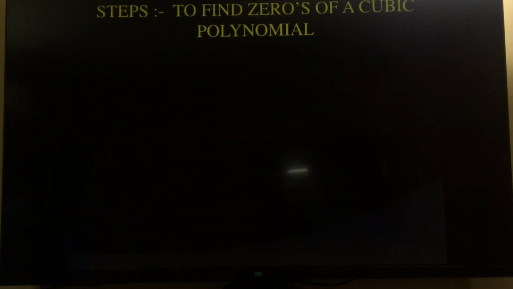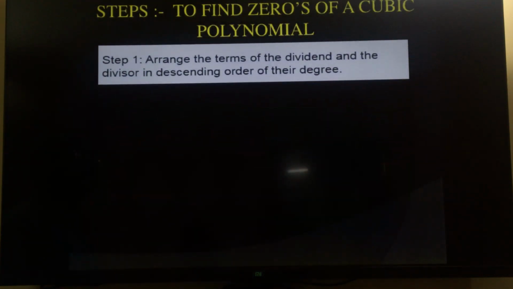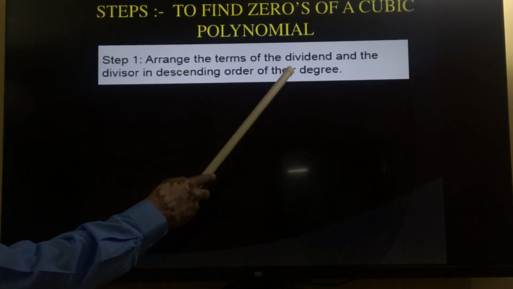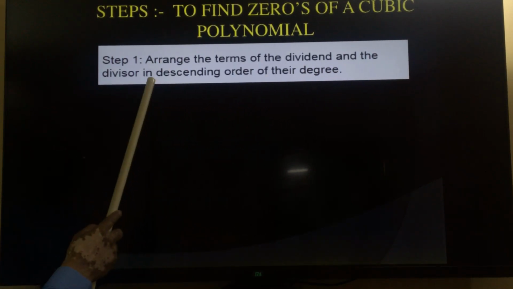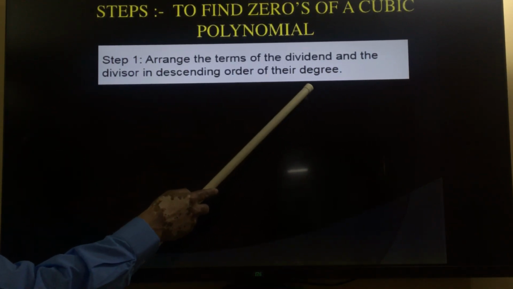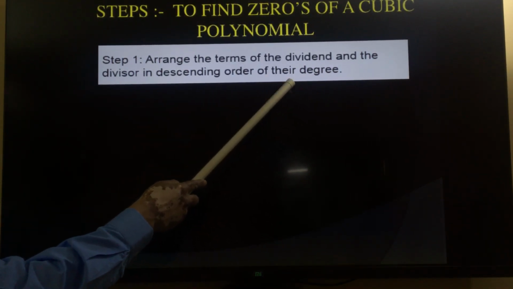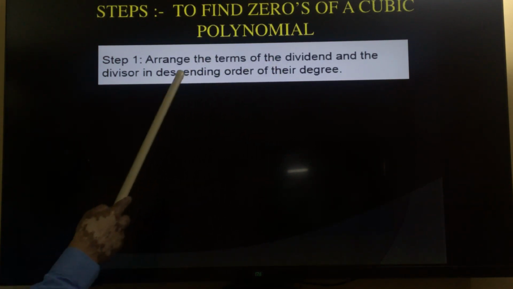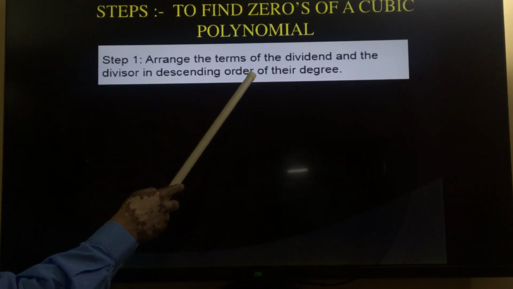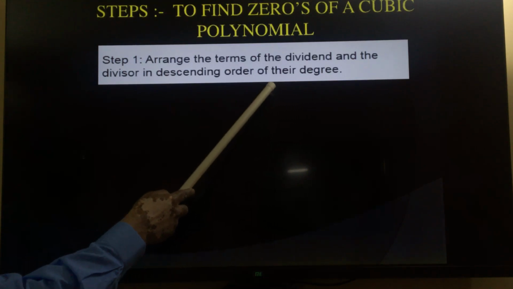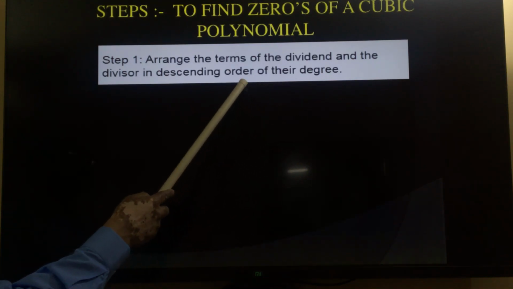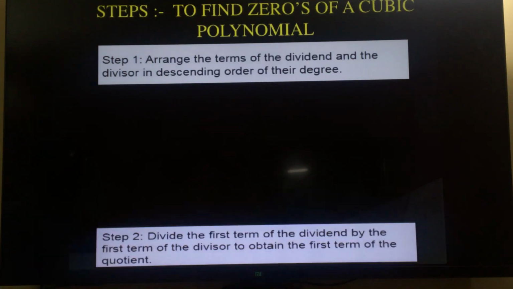Now to find out the zeros of a cubic polynomial, what we will do, just see this. So for this, these are the steps. First of all, arrange all the terms of the dividend and the divisor in descending order of their degrees. So we will observe the degrees and we will write the dividend as well as the divisor in descending order of degrees, or in the descending powers of the variable.